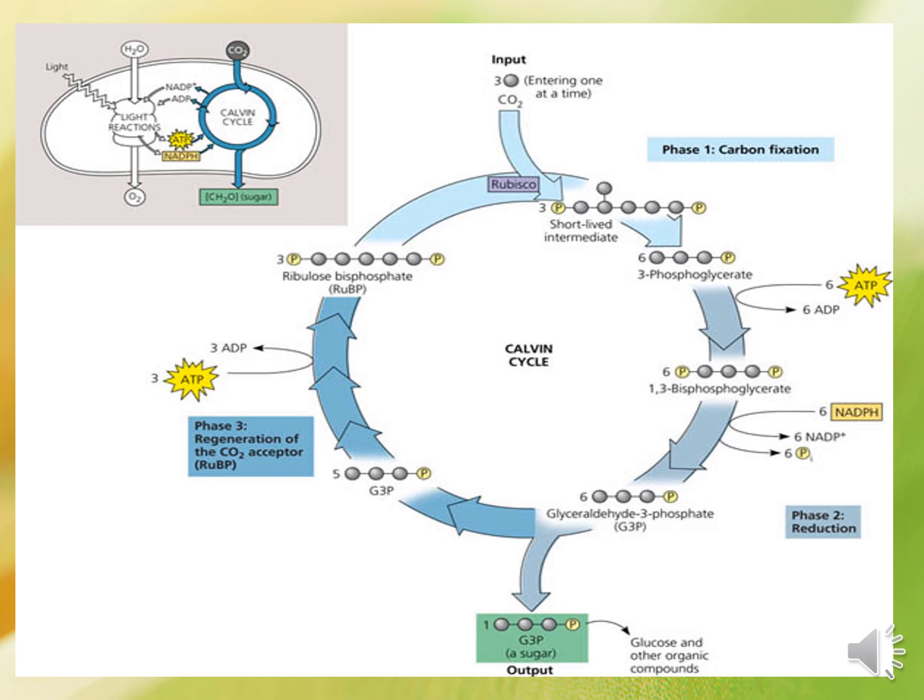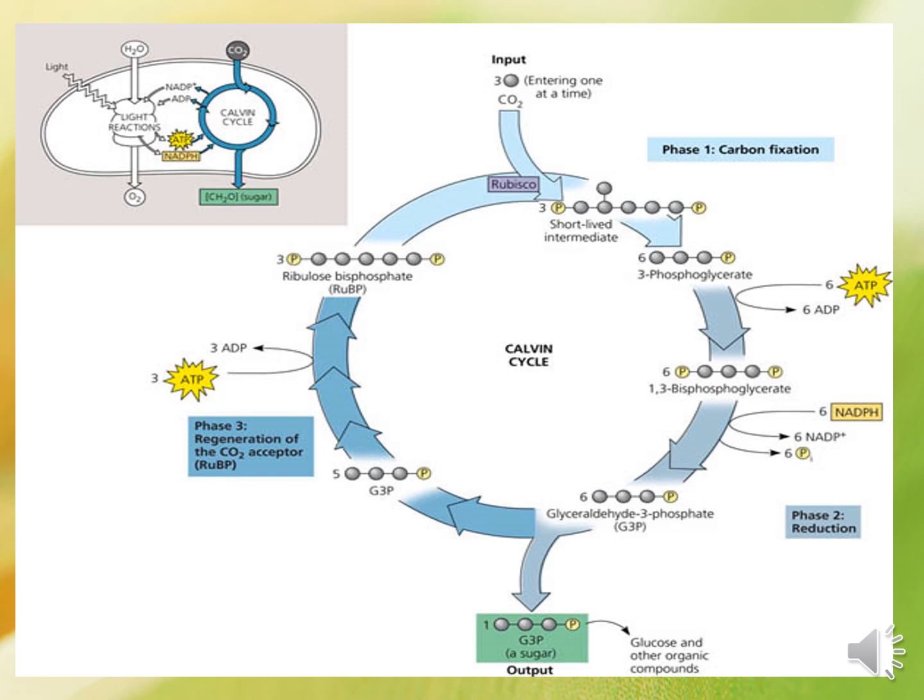3-phosphoglycerate. Why 6 3-phosphoglycerate? Commonly students get confused about this. How are they able to produce 6 from the 3 short-lived intermediate products? The 3 intermediate six-carbon compounds have how many carbons in total? Each has 6, so 6 times 3, in total we get 18 carbons.